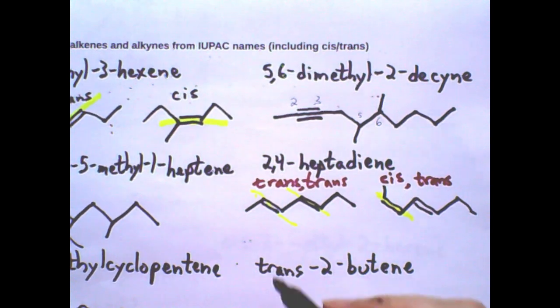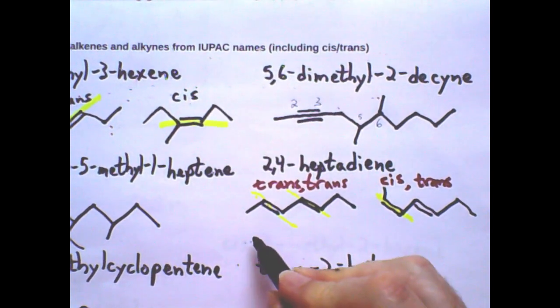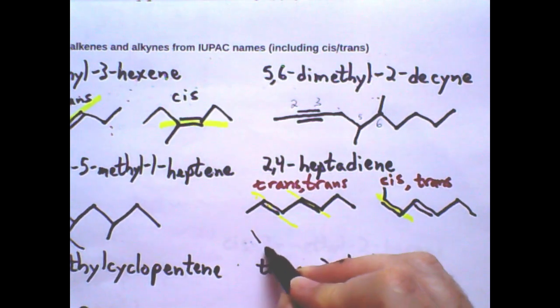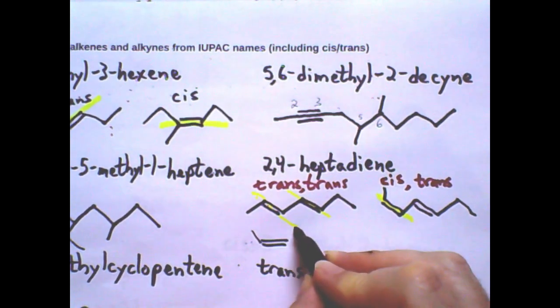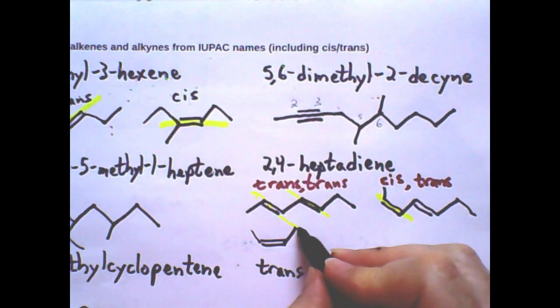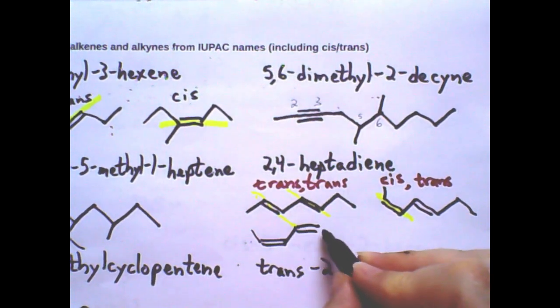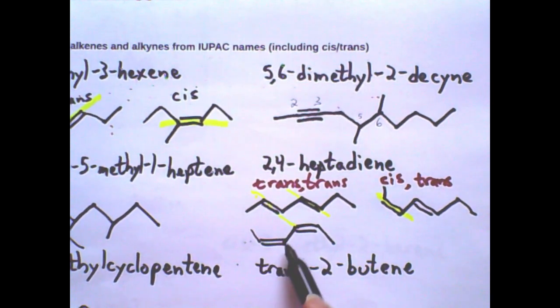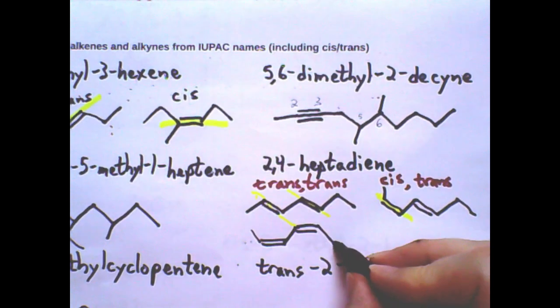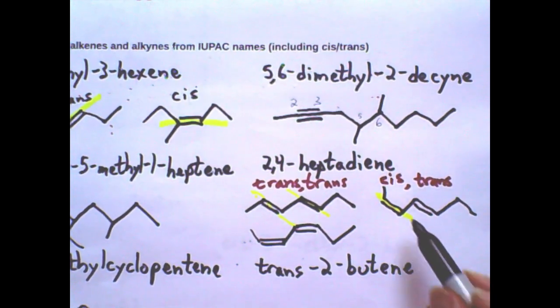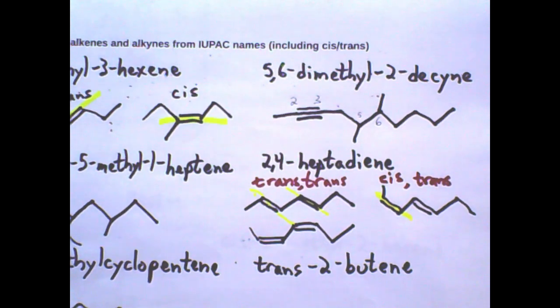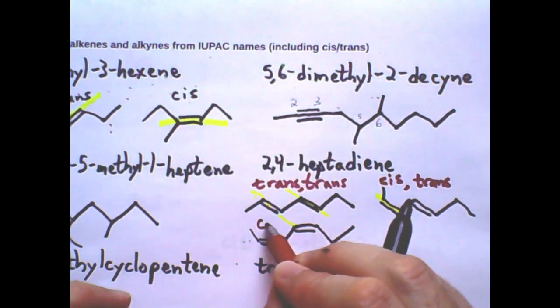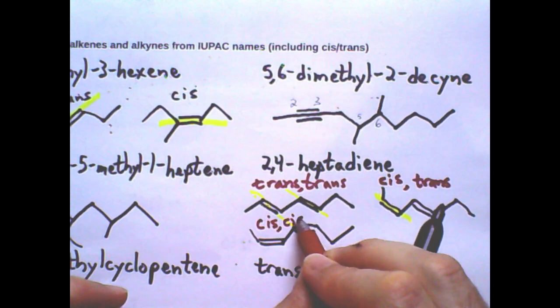And I've got 2 more ways I could draw it. I could draw them both cis. There's the first one cis. The second one cis. And I've done 1, 2, 3, 4, 5, 6, 7 carbons. And I could swap these 2. Let me label this first. Cis, comma, cis.